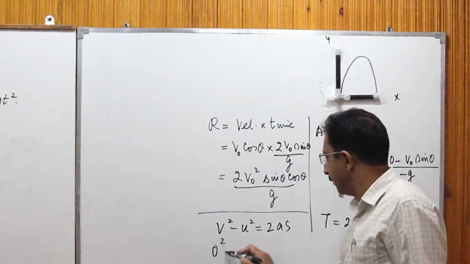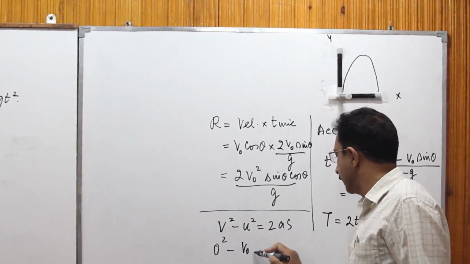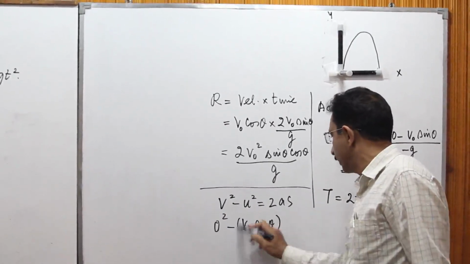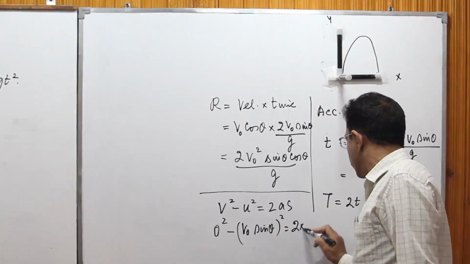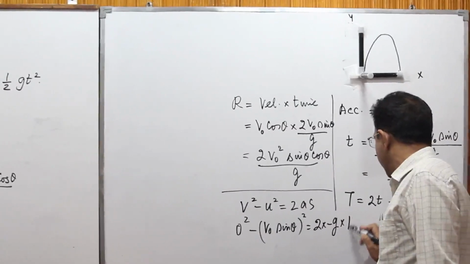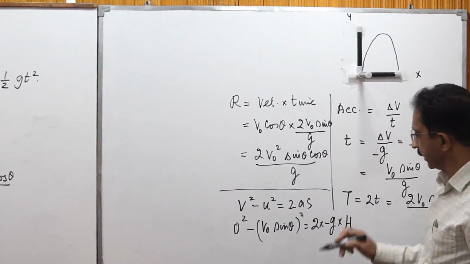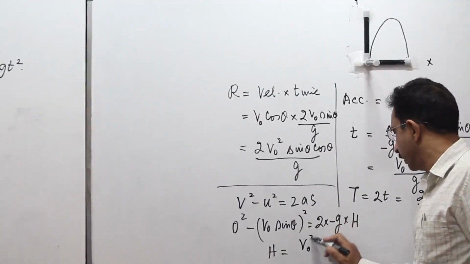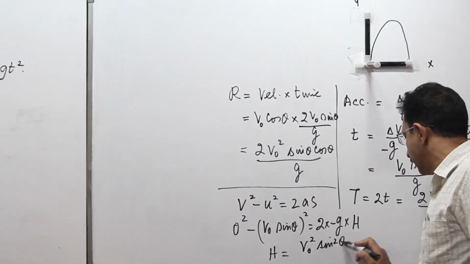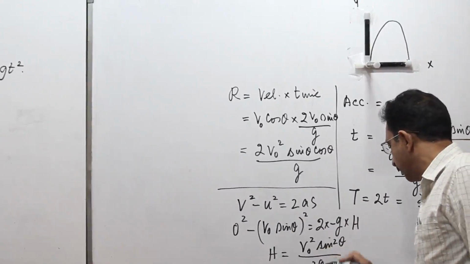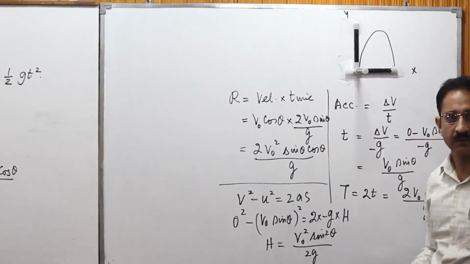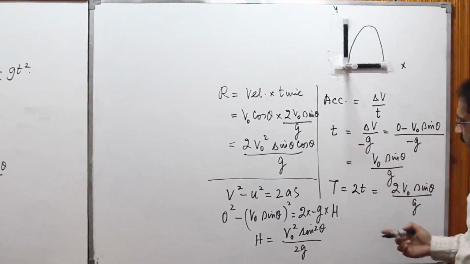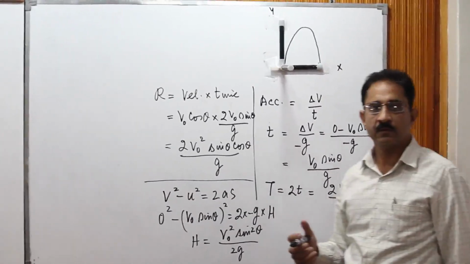Final is 0 minus u square, v0 sin theta whole square, is equal to 2 into minus g into h. H is height, and you get the expression that h comes out to be v0 square sin square theta divided by 2g. Minus sign will get cancelled on both the sides. So I have the expressions for me as this.